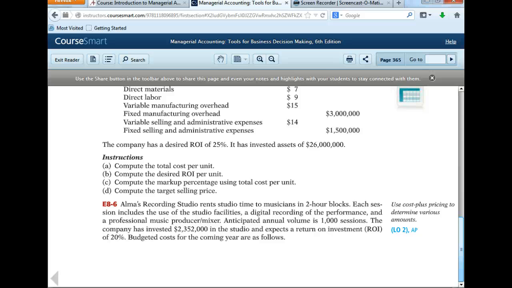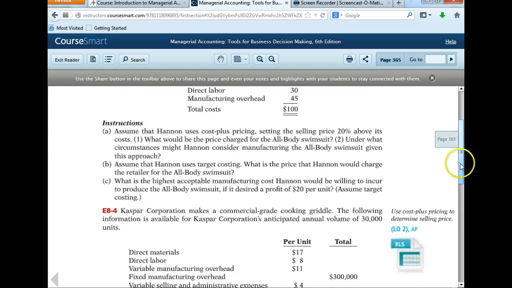Each session includes the use of the studio facilities, a digital recording of the performance, and a professional music producer/mixer. Anticipated annual volume is 1,000 sessions. The company's invested $2,352,000 in the studio and expects a return on investment of 20%. Budgeted costs for the following year are as follows.